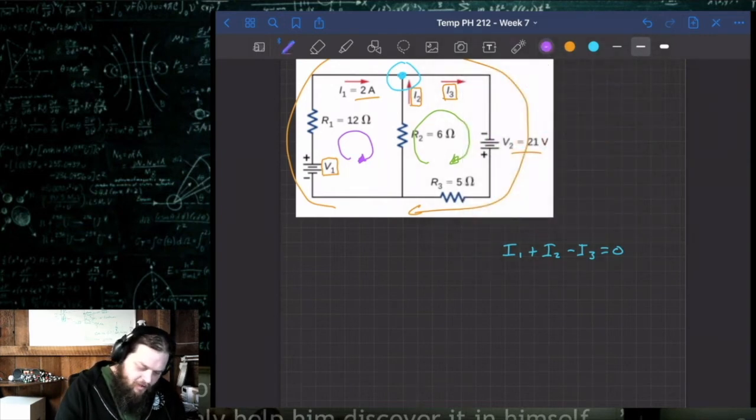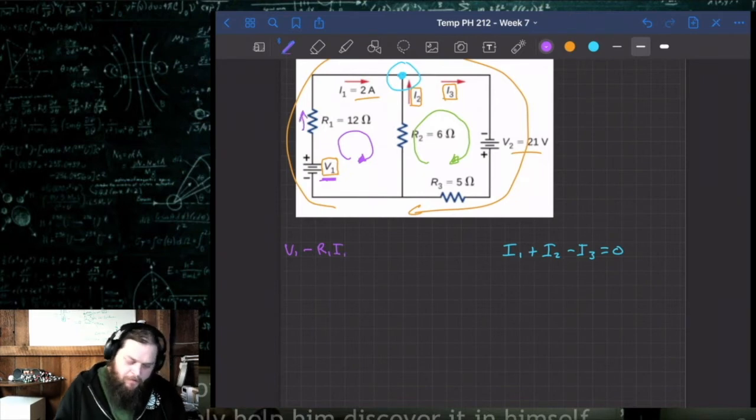Now I'm going to start with V1. So V1 is going to be equal to the voltage drop across R1. So it's V1 minus the voltage drop across there, so that's R1 I1, because the current going through here is I1. And then we're going to go down through here.